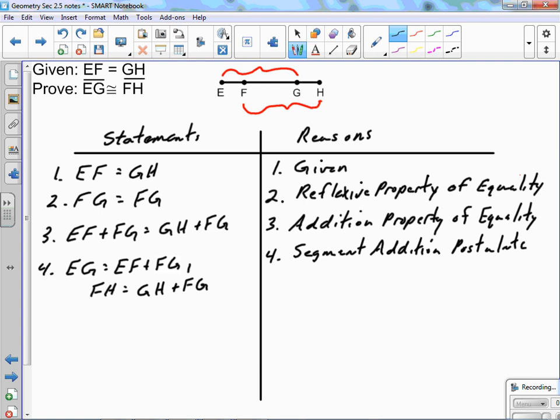Now we know that EF plus FG is equal to GH plus FG. EF plus FG is the same thing as EG, and GH plus FG is the same thing as FH. So I can replace EF plus FG with EG and GH plus FG with FH.